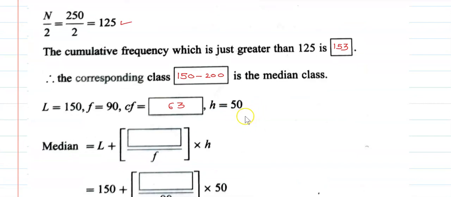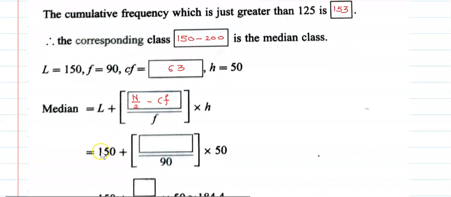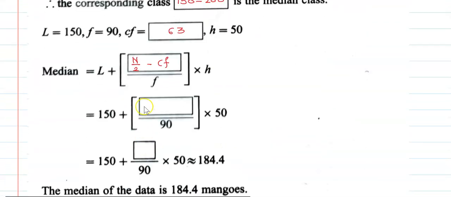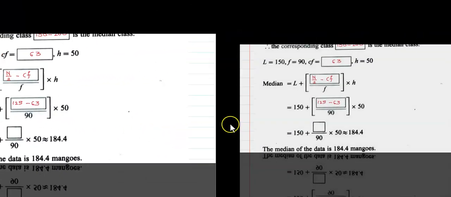Now the formula. Median is equal to L plus N upon 2 minus CF upon F into H. That is 150 plus, N upon 2 means what? It's 125. 125 minus CF, that is the cumulative frequency, upon 90 into 50.